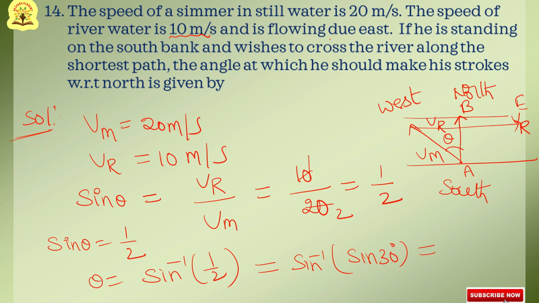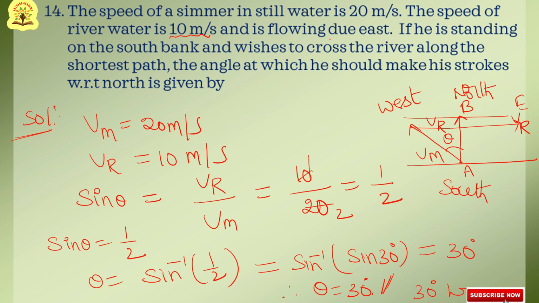Therefore the angle at which he should make his strokes with respect to north is 30 degrees. This is the final answer. So he has to give his strokes along 30 degrees west to cross the river in shortest path.